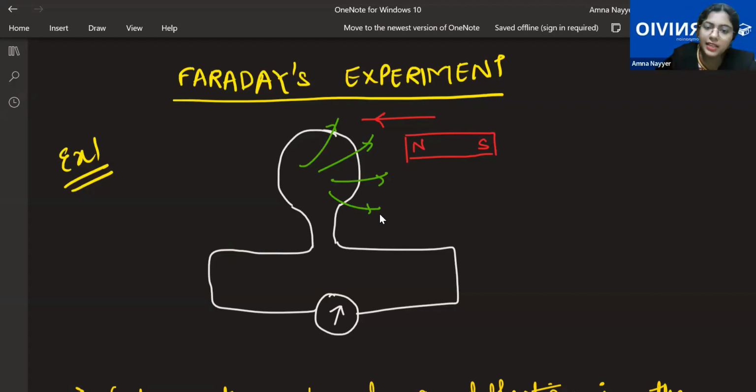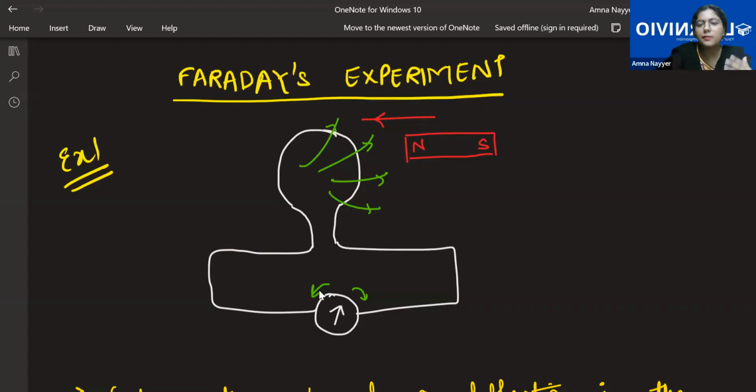But the new thing was that this galvanometer showed a deflection. Now we have studied that galvanometers do not show deflection due to a magnetic field first, unless there's a current in the circuit, right? That's the function of a galvanometer. We discussed that a moving coil galvanometer just tells you whether the current exists or not, yes or no. So if the galvanometer is moving, it means there is definitely a current in your circuit.